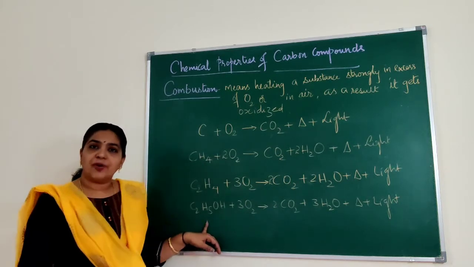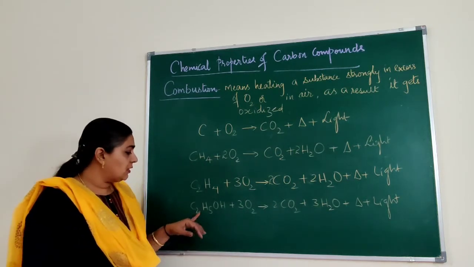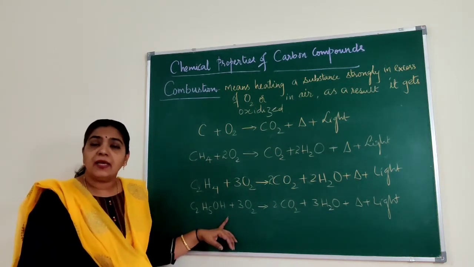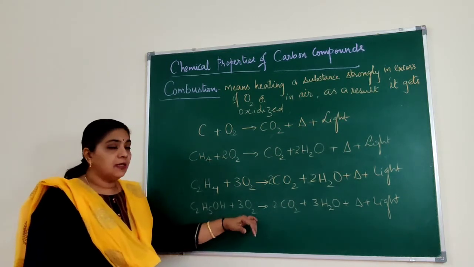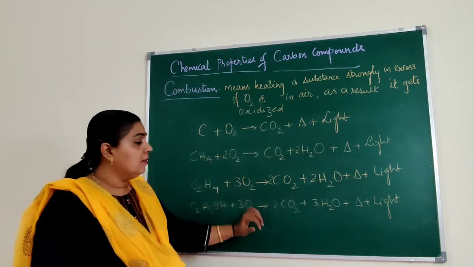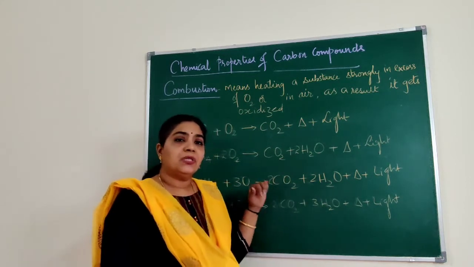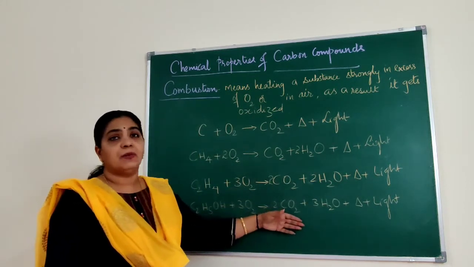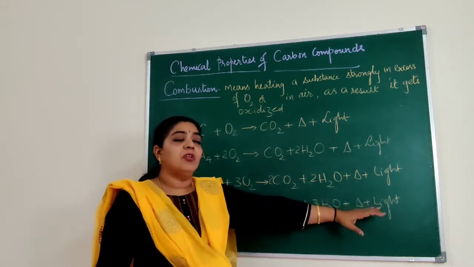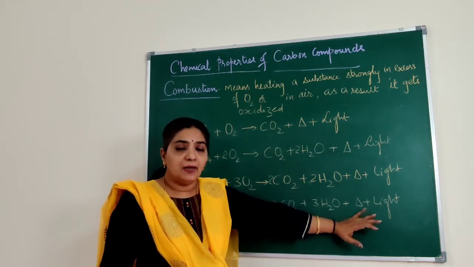And what is C2H5OH? C2H5OH is nothing but ethyl alcohol. When it reacts with oxygen, again carbon and hydrogen get oxidized and form carbon dioxide and water with a lot of heat and light.